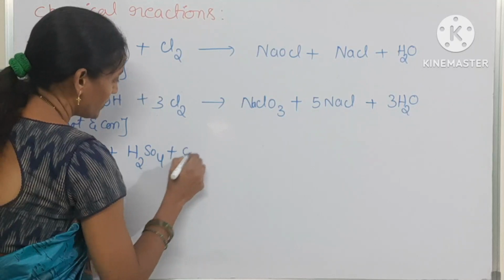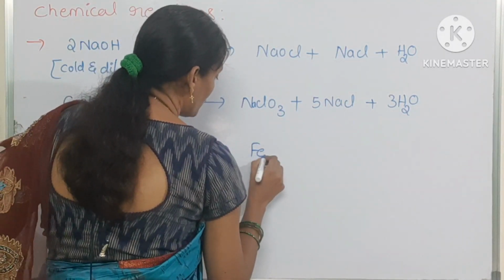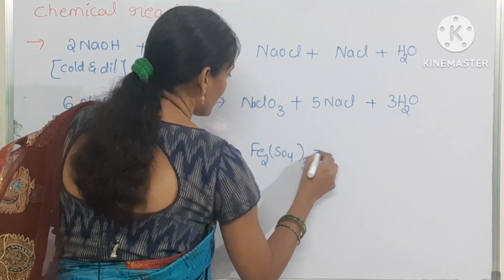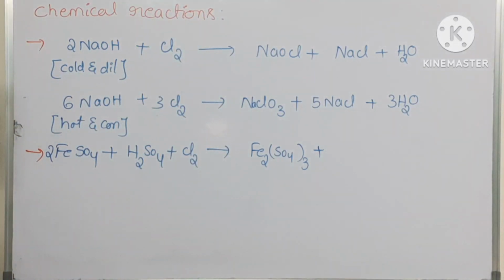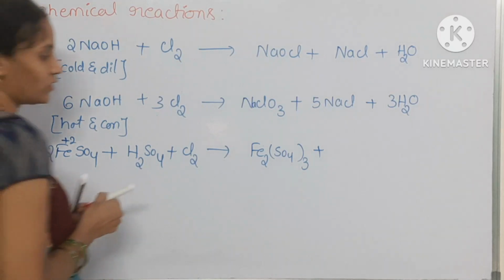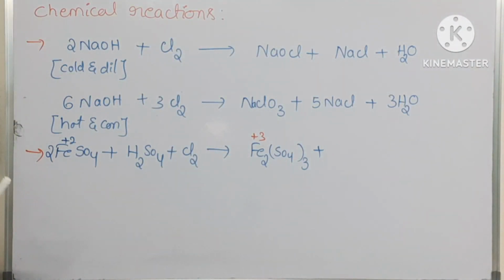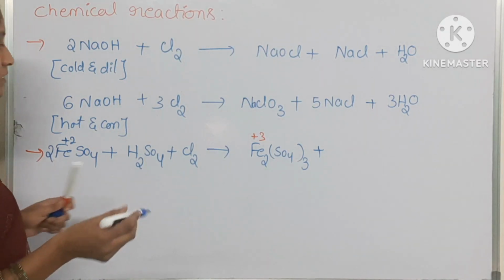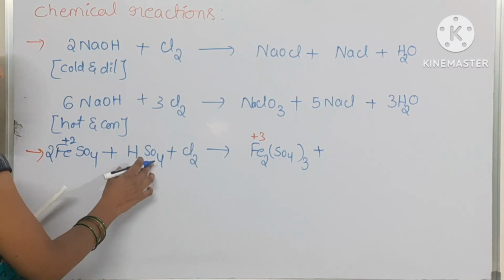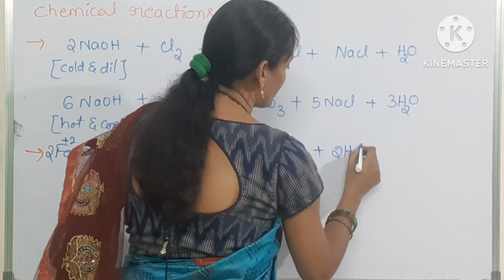Then you will get Fe2(SO4)3. FeSO4 is the +2 oxidation state, ferrous sulfate. This is the +3 oxidation state, ferric sulfate. Then what are the remaining products here? Only hydrogen and chlorine are there, so 2 moles of hydrochloric acid will be formed.